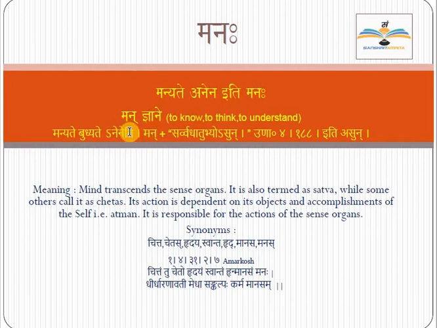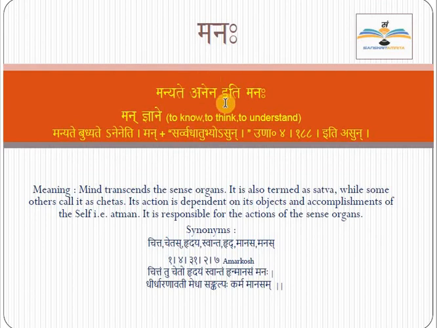Always remember, when you read a root verb and gnane kind of a word, then the first word is the root verb and the second word is explaining the meaning, right? Second word showing meaning, first word the root verb. So man is the root verb, gnane is the meaning. Man means to know, to think, to understand. Now here the definition: manyate, it is known, thought or understood.